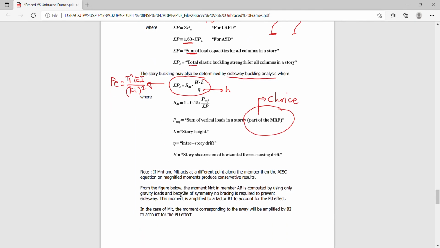So note, if MNT and MLT act at a different point along the member, then the AISC equation or the magnified moments produce conservative results. Which is to say that if this is your braced part scenario, and your unbraced part scenario has this P delta, the P delta there and the P delta here, the maximum moments may not be at the same point.